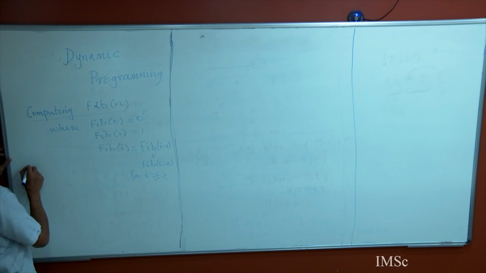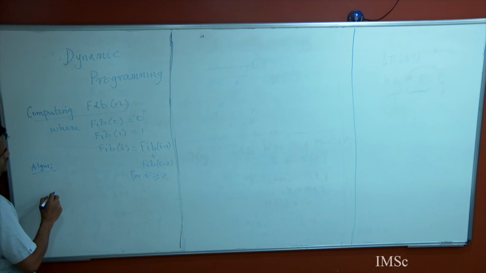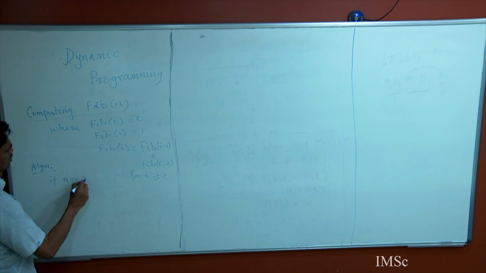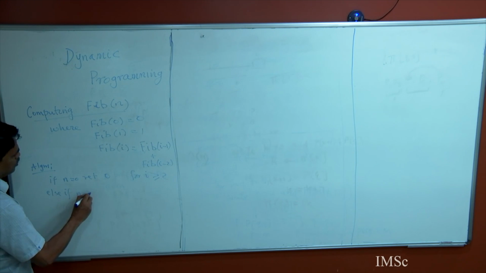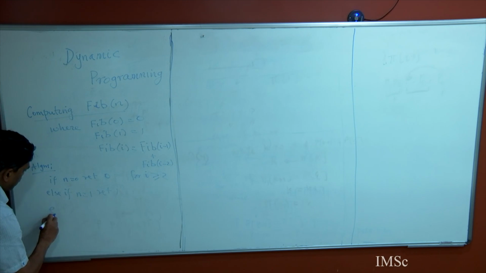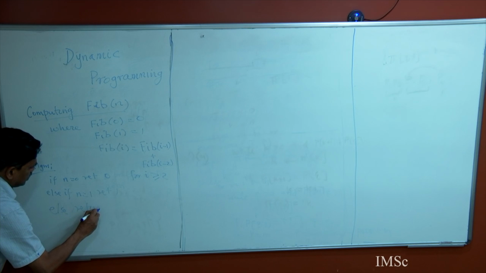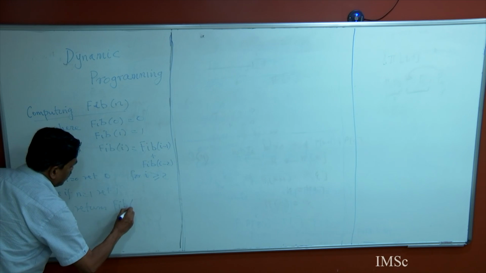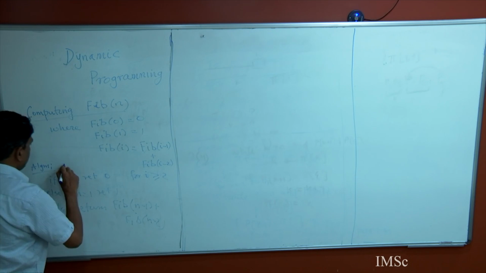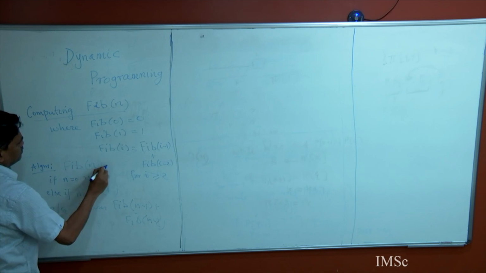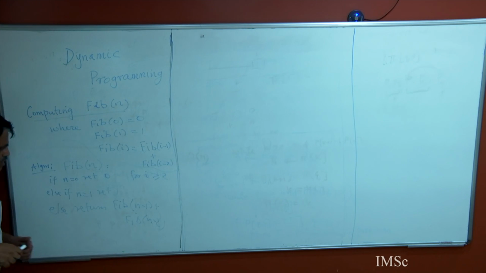So one algorithm is: if n equal to 0, return 0; else if n equal to 1, return 1; else return fib(n minus 1) plus fib(n minus 2), where this is actually the algorithm fib(n).